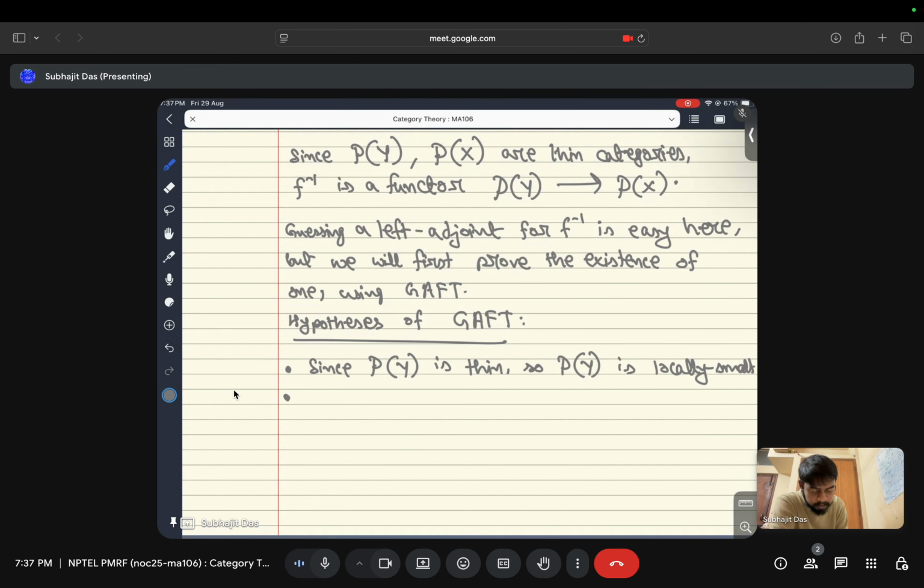So since Py is thin, Py has equalizers. If you take z and z prime, there is at most one arrow from z to z prime in Py. So suppose you take two arrows f, g from z to z prime, they are equal by definition. So the equalizer is exactly z together with the identity map from z to z. So nothing to verify about equalizers here.